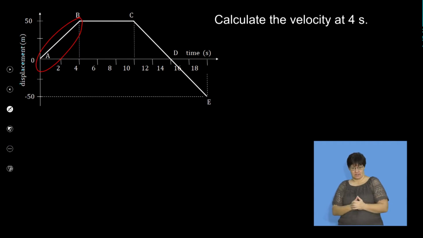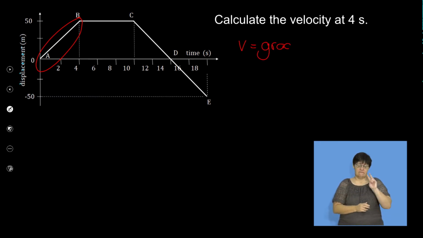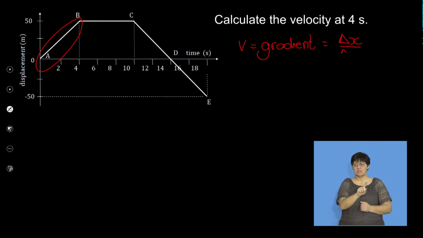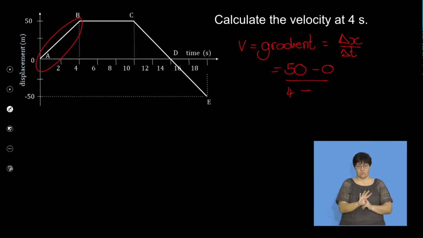So his velocity is the gradient of my graph, which would be change in displacement over change in time. So the displacement is 50 minus 0 over 4 minus 0. So we've got 50 divided by 4.